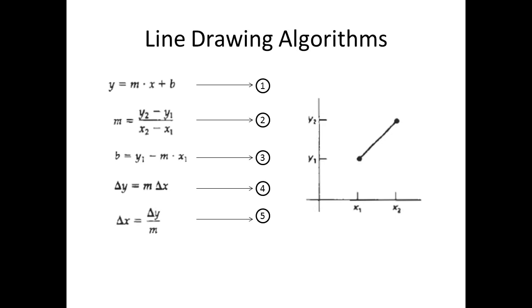Similarly, we can obtain the x interval delta x corresponding to a specified delta y as delta x = delta y / m. It is equation 5. These equations form the basis for determining deflection voltages in analog devices.